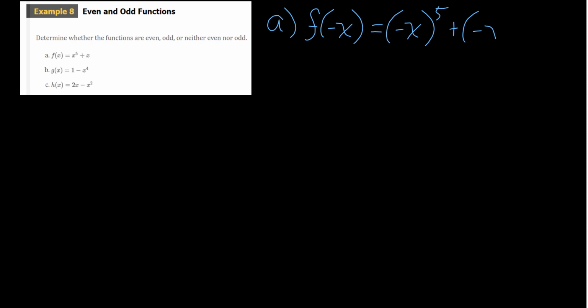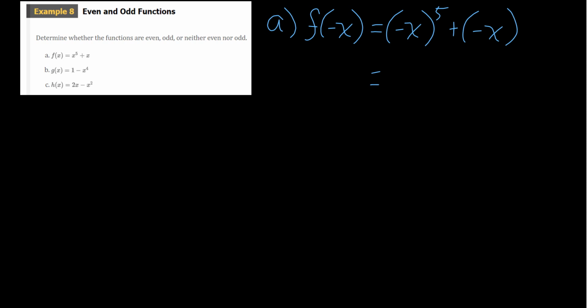Okay, so A. Let's put A up here. I'm going to make this f of negative x. All right, so I'm going to plug in a negative x, and that's raised to the 5th power, plus a negative x. Okay, well, what's negative x to the 5th power?